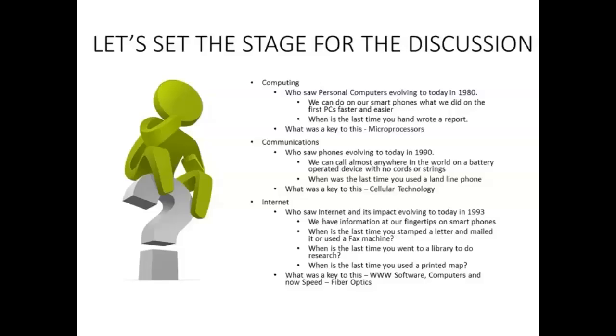So let's go ahead and set the stage. Who saw personal computers evolving to what they are today back in the 1980s, early 90s when they started? Obviously, we can do more things on our smartphone than we could do with our first PCs. In fact, I went to college in the late 80s, early 90s, and I barely could type our term papers on a computer word processor.